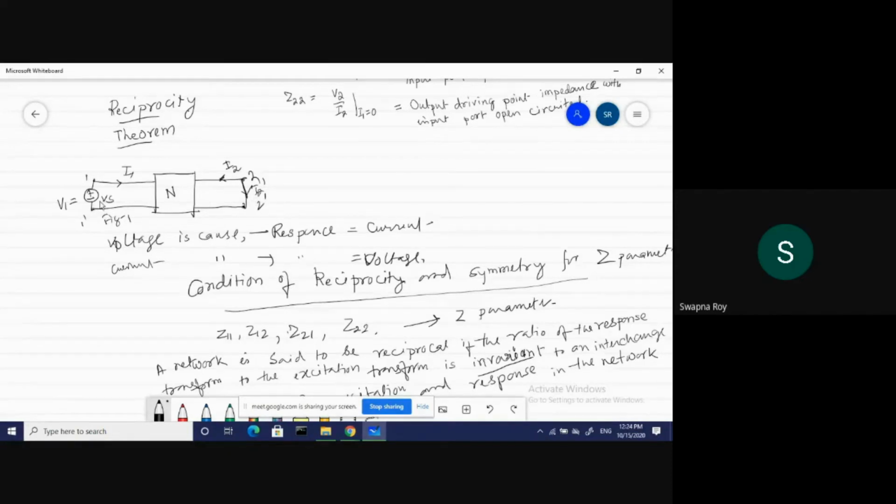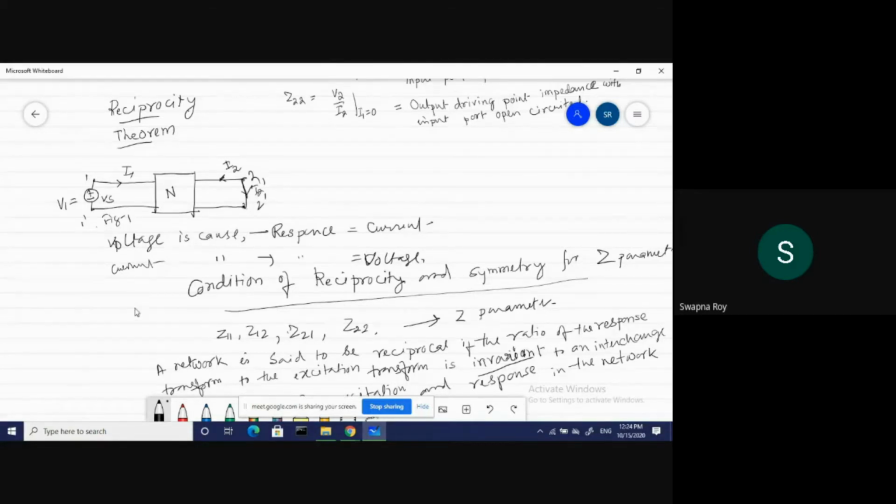If I change the position of Vs from port 1, 1 dash to port 2, 2 dash, and at that time short the input port, we will get some current, say I1 dash. So the ratio of response to excitation transform is invariant if we interchange the position of the source.